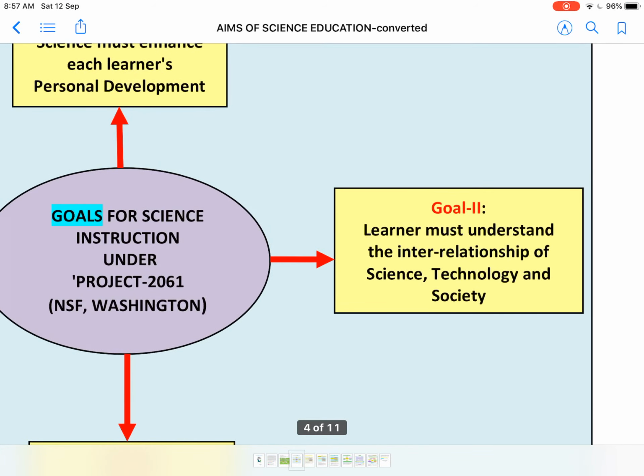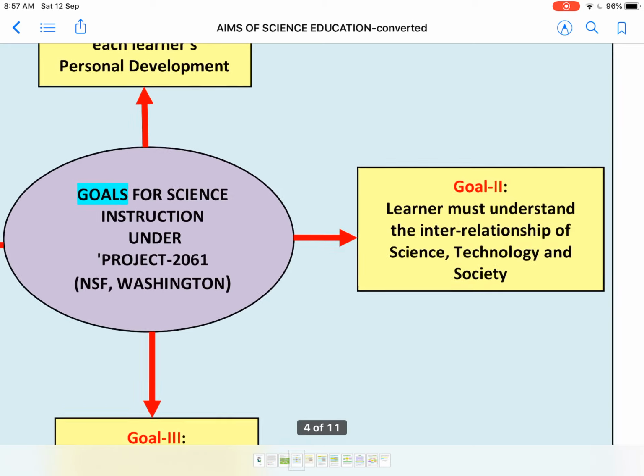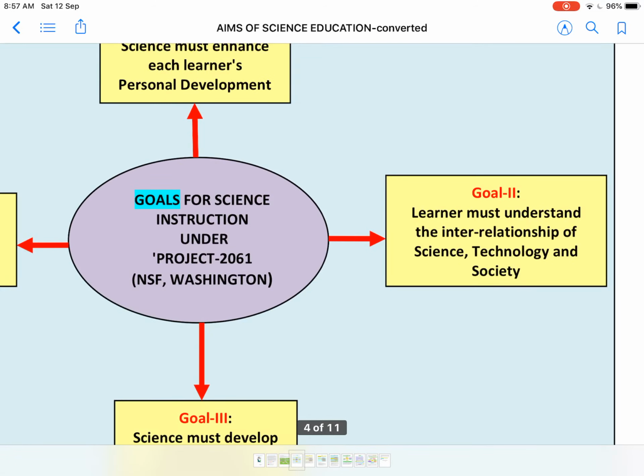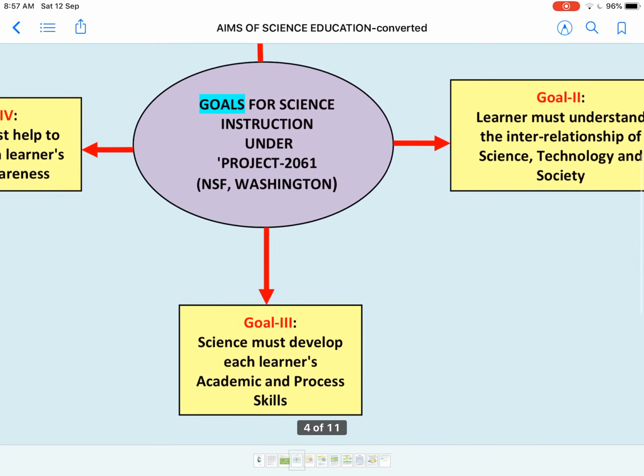And goal 2, learners must understand the interrelationship of science, technology and society. So science is not only meant to be studied to pass the exams, but the learner must understand how science and technology are related with the society, how the society is a contributing factor for the growth and development of science and technology, and how science and technology influence the society. So this has to be very clearly understood by the learner while learning science in the school.